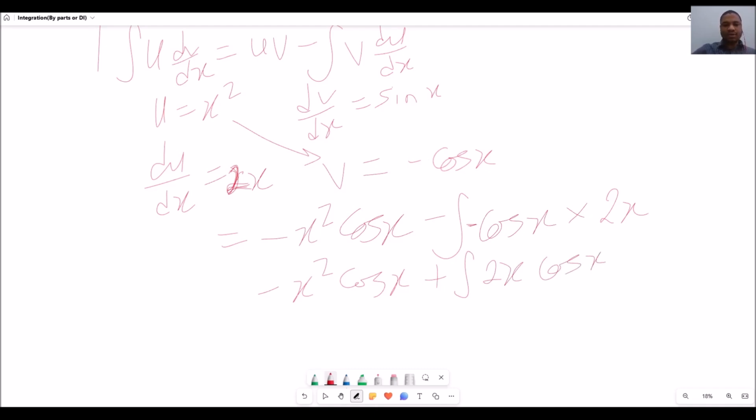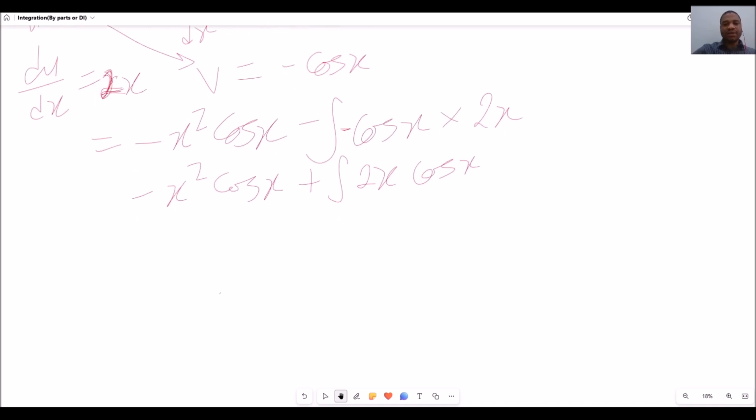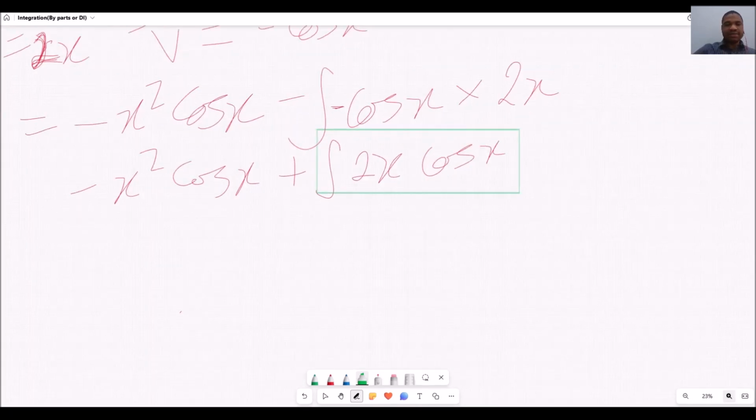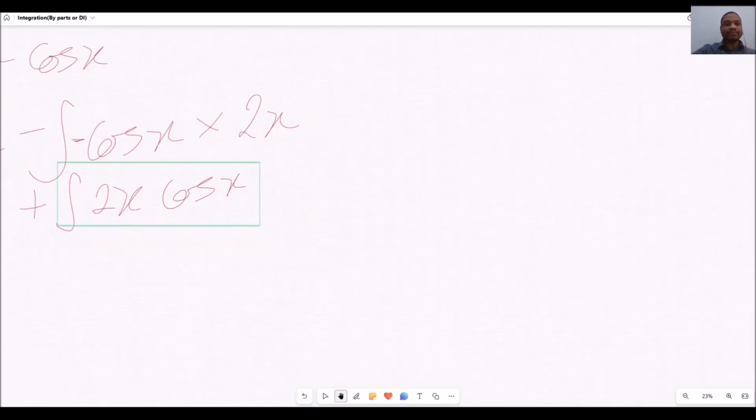Okay, you can see we have another by parts again. So I'll just use a different color. I need to integrate this using by parts again. What I normally do is work it out somewhere else and bring it back.